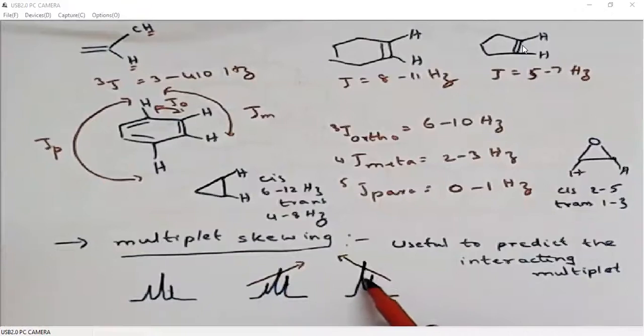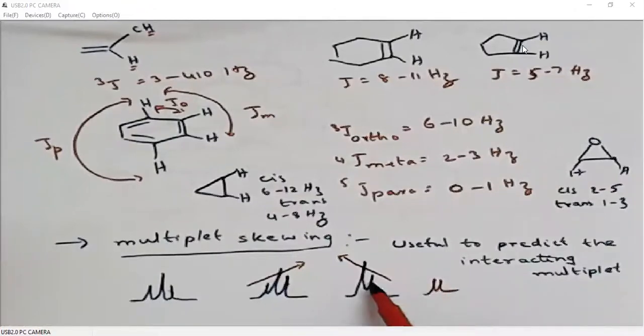Simultaneously, one of the peaks in the other multiplet which is interacting with this will also show uneven intensity for one peak. So its intensity will also increase. As we know, a doublet should give two peaks of 1:1 in ratio, right?